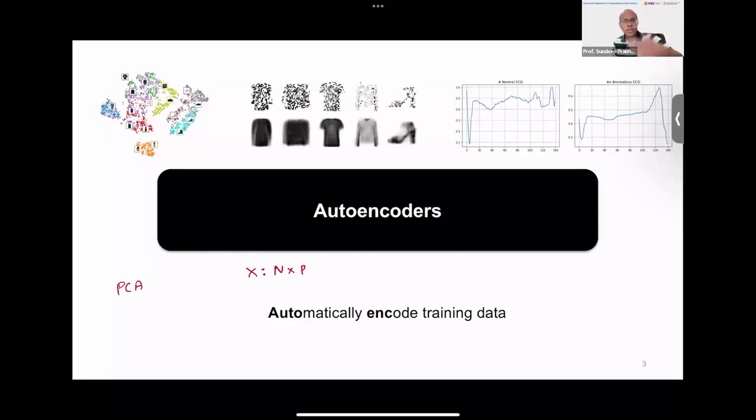So for visualization purposes, in general, I would like to reduce it to, say, d features where d is much smaller than p. d is set to 2, good for visualization. d being anything less than p is dimensionality reduction. And PCA is one such tool to go from X to X reduced.